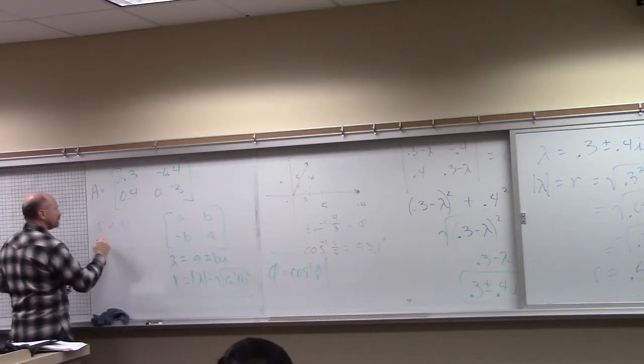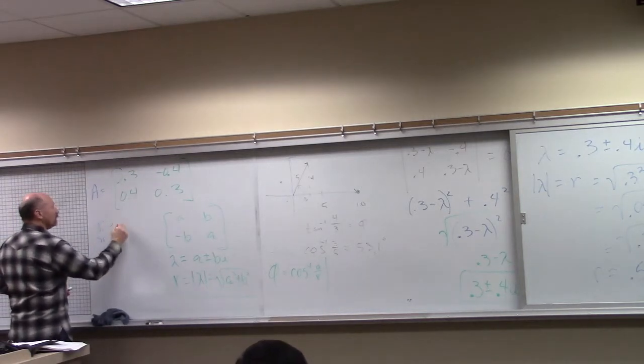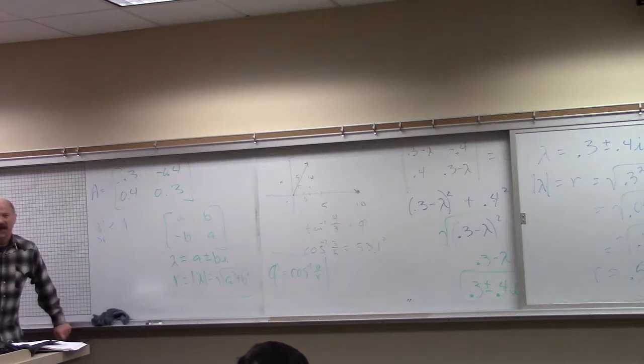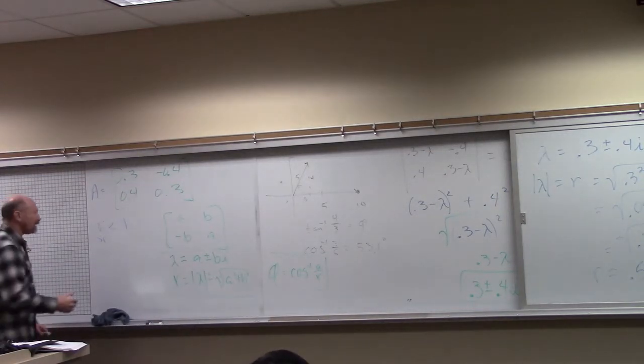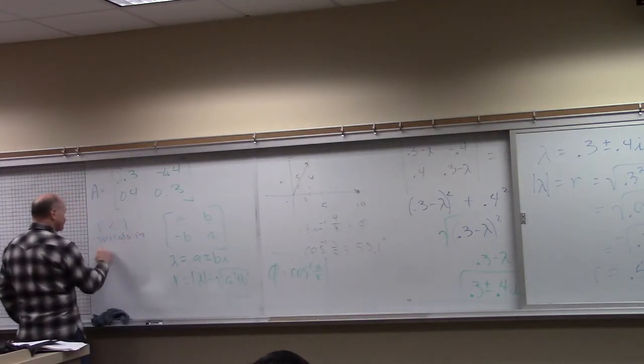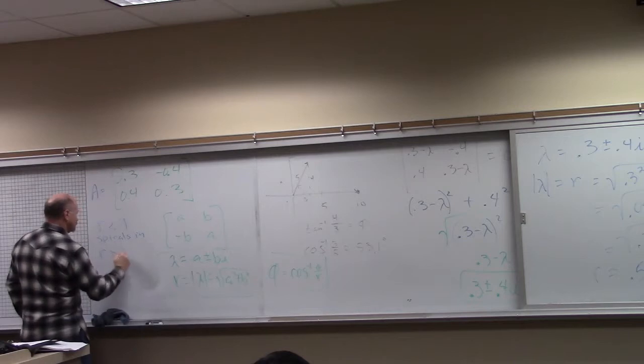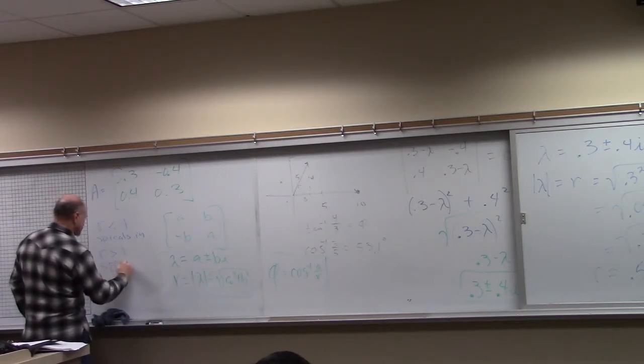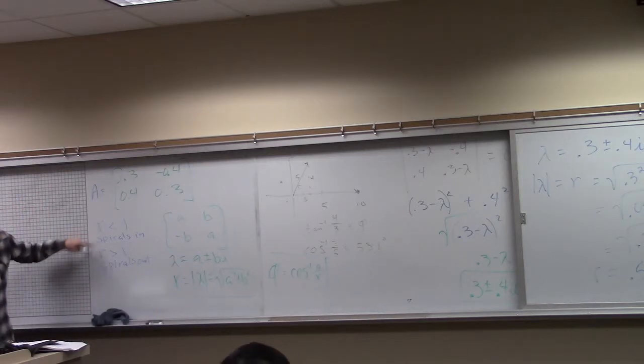R is always positive, right? Because it's the positive square root. So if R is less than 1, it spirals in. If R is greater than 1, it spirals out. Okay? Goes to 0, goes to infinity.